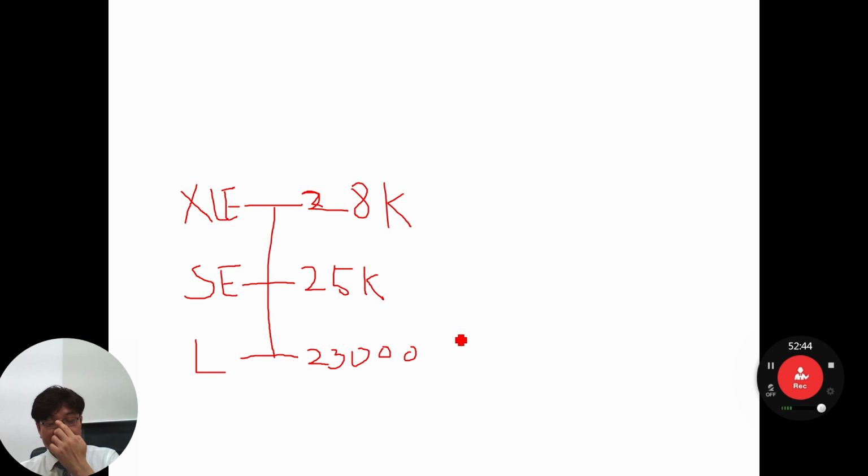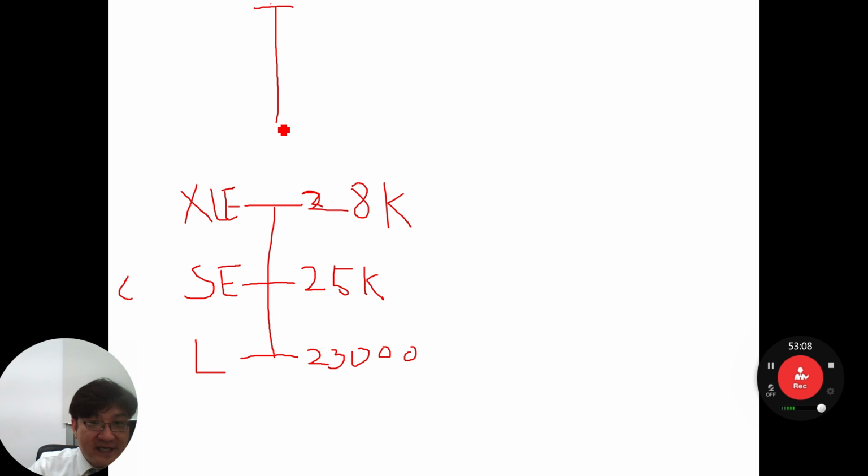Each of these is called a price point. The price points for the Camry line are like this. Suppose you are introducing the Lexus. Let's suppose Lexus also has three trim models named L, SE, and XLE.